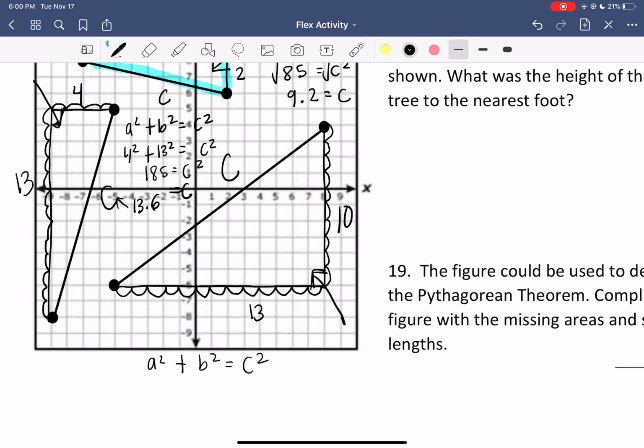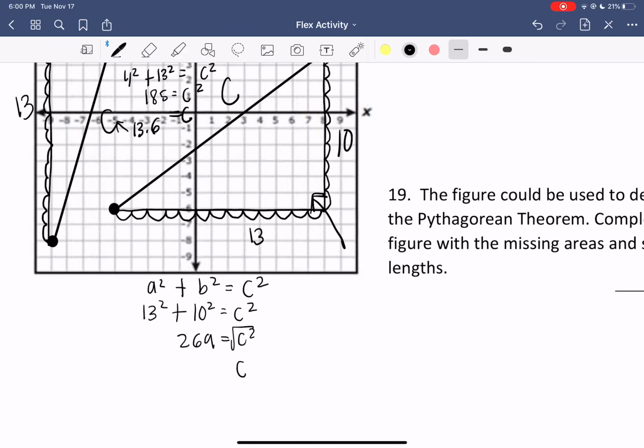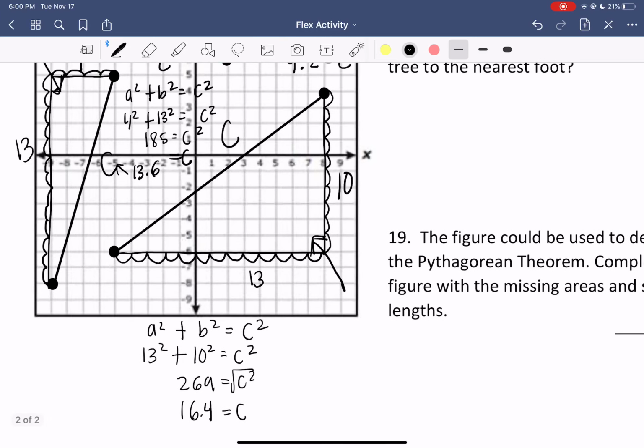So the 13 and 10 are interchangeable, so we could do 13 squared plus 10 squared equals c squared. So 13 squared plus 10 squared equals 269 equals c squared. And then we're going to take the square root of both. So take the square root of this, which will give us c. And then the square root of 269 is 16.4. So that is where that will go there.